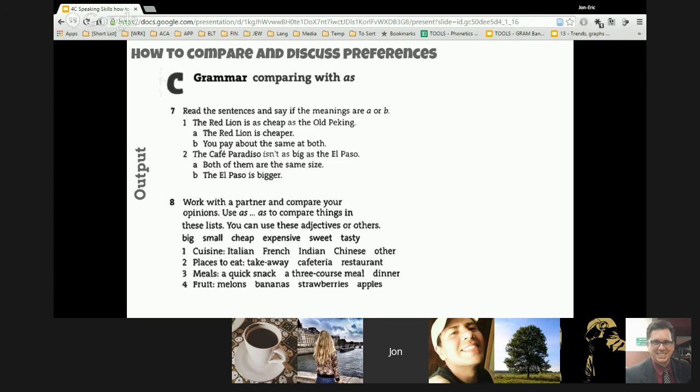Okay, Carlos, give us your idea. Cuisine, place, meal, fruit. Cuisine. Good. You've got those adjectives to choose from too: big, small, cheap, expensive, sweet, tasty. You can use those or other adjectives that you prefer.